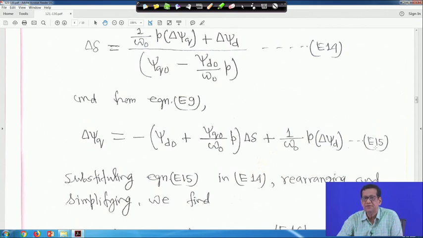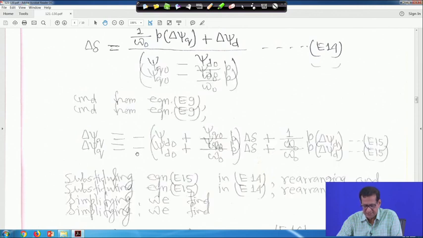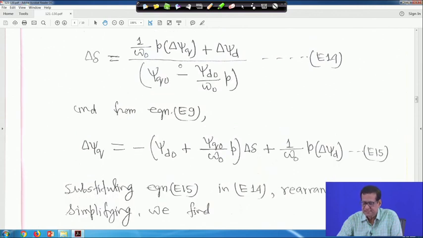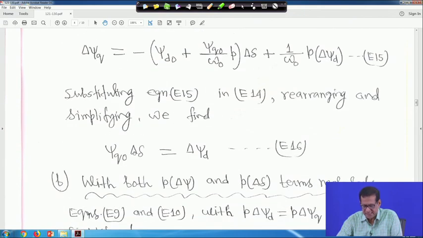This is equation E15. Now, substitute equation E15, that is delta psi q, in equation E14 and simplify. You will get psi q 0 delta delta is equal to delta psi d. This equation is E16.